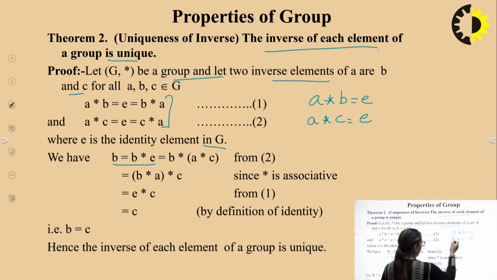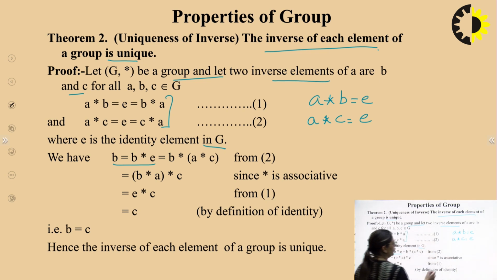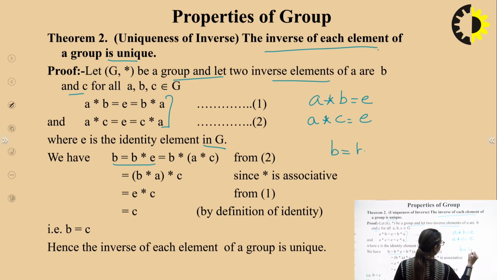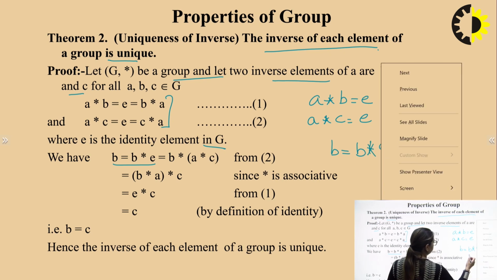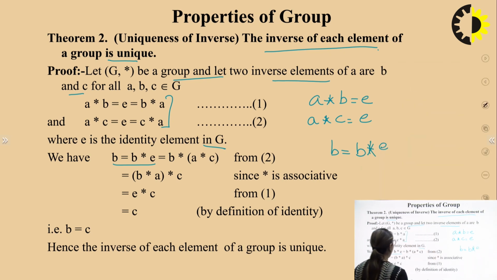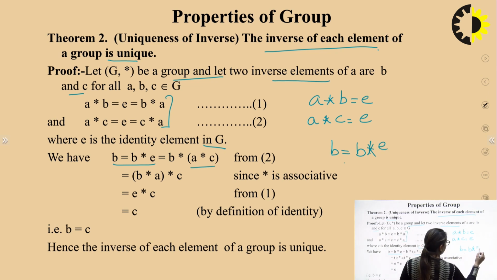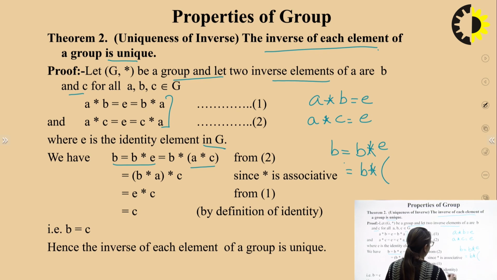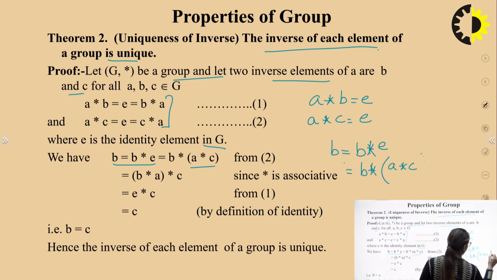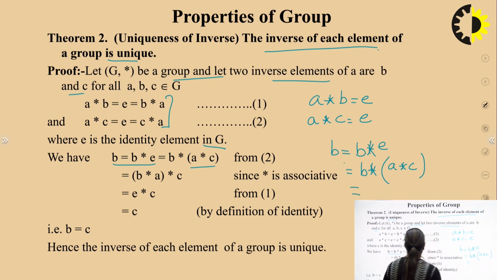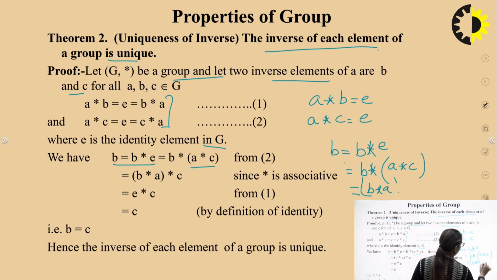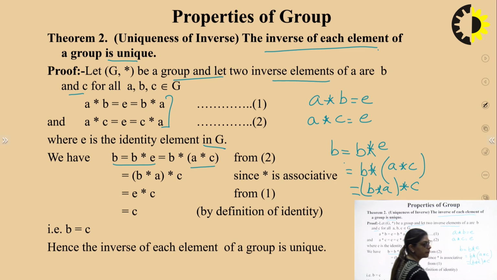Now we know that B is equal to B cross E, right, and in case of E we can write A cross C. We all know that it is associative, so we can write here B cross A, cross C, right.